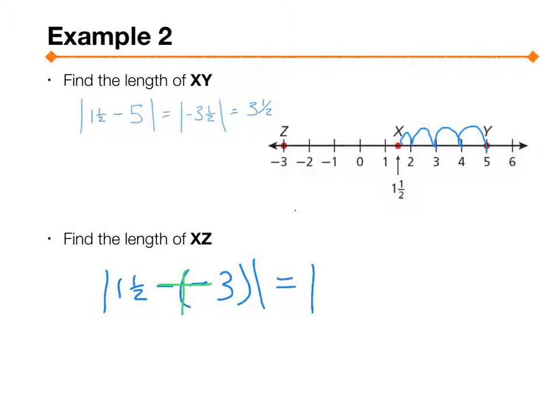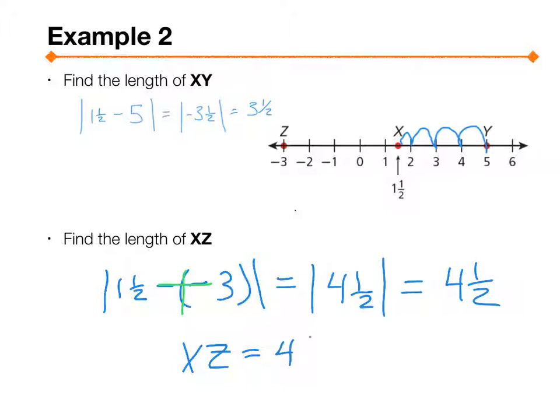So 1.5 plus 3 is equal to 4.5. So you'd write this XZ is equal to 4.5. This one would be XY is equal to 3.5.